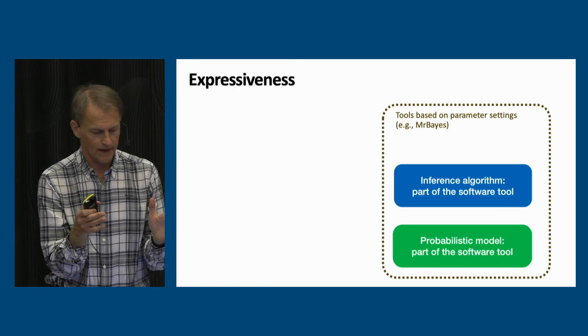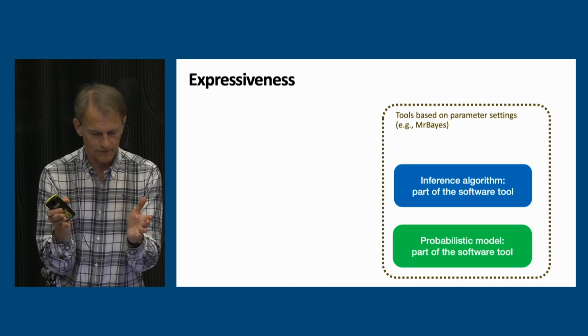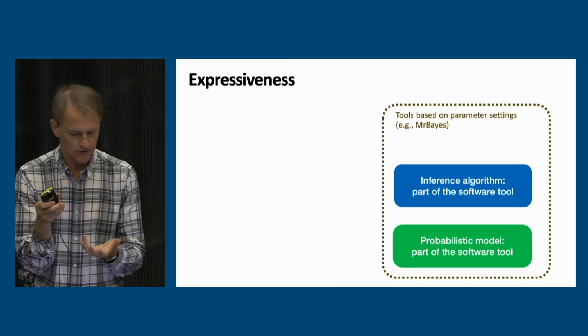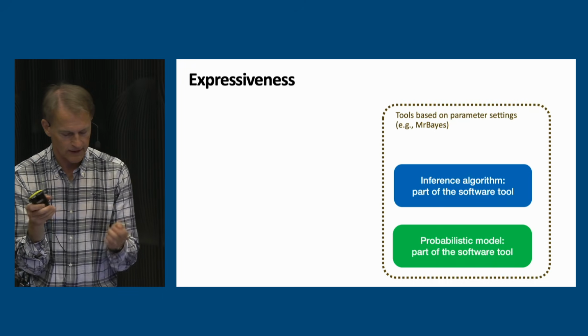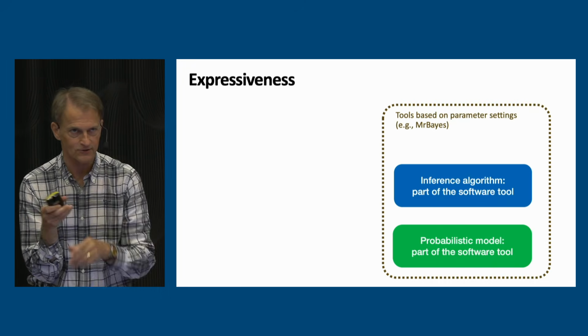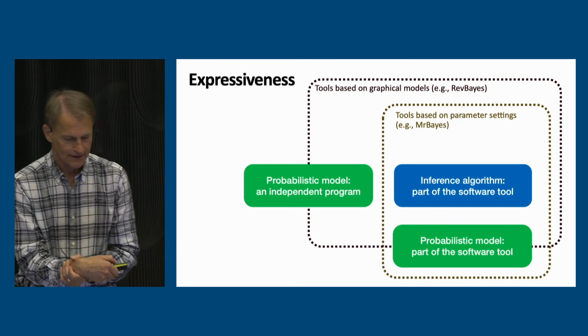Just to describe this in terms of expressiveness, so the tools, so MrBayes, I tried to describe to you, is based on parameter settings, right? The inference algorithm is part of the software tool. The probabilistic model is also part of the software tool. You have these switches that you can use to influence exactly which model you're using.